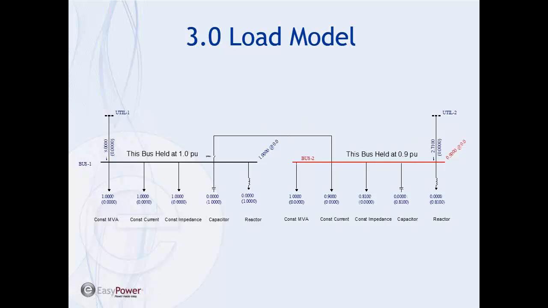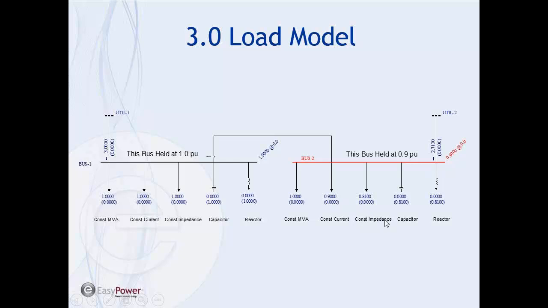And what you'll see is, holding it at 1, we get exactly what we expect. 1 megawatt, 1 megawatt, 1 megawatt, capacitor 1 megavar, reactor 1 megavar. However, when we drop the voltage to 0.9 per unit, the constant MVA load holds what we told it. The constant current load has a linear response, 0.9, 0.9.